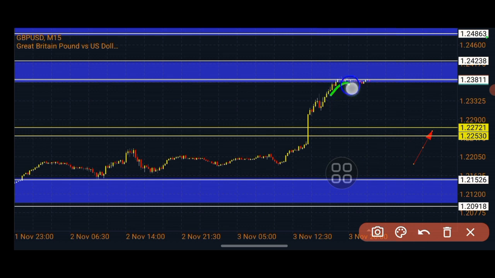I mean like this: break, retest, come back, and then from here come back here, or like this, come back and go. But it depends how the market moves.